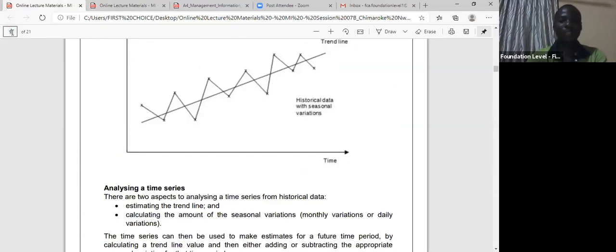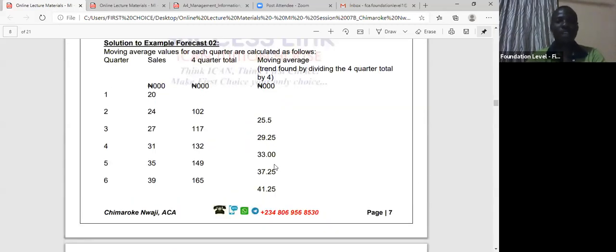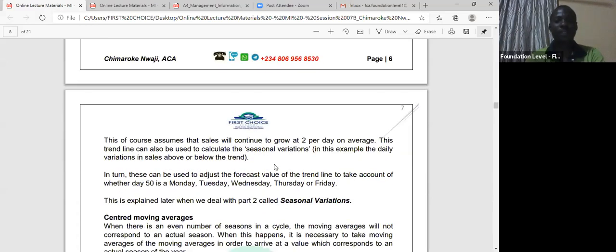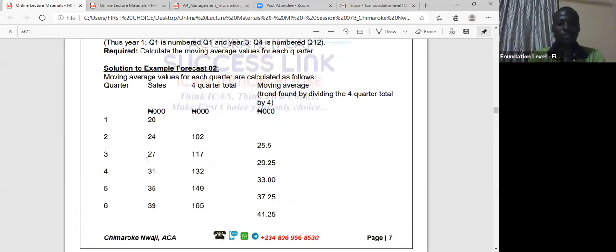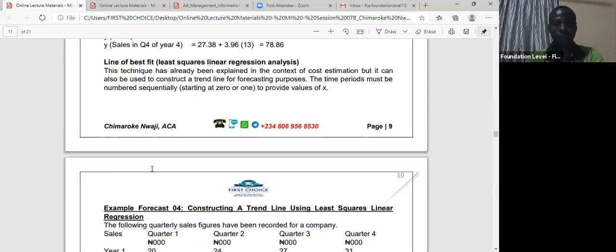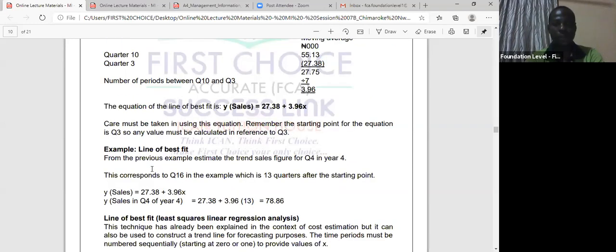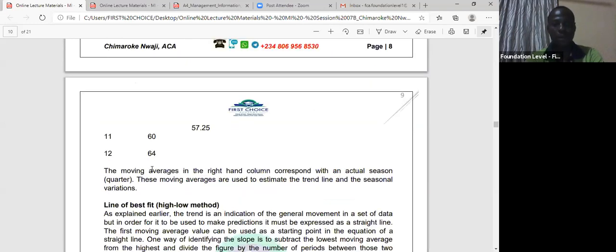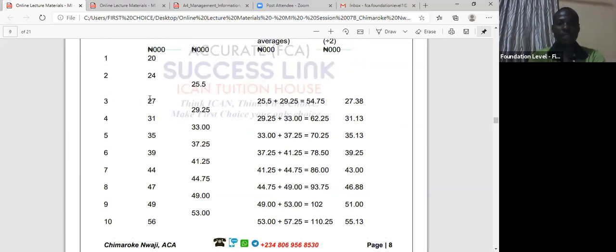So if you go to page here, you see that this 20, okay, let me go down again. Okay, now this 27 here is below the trend line.